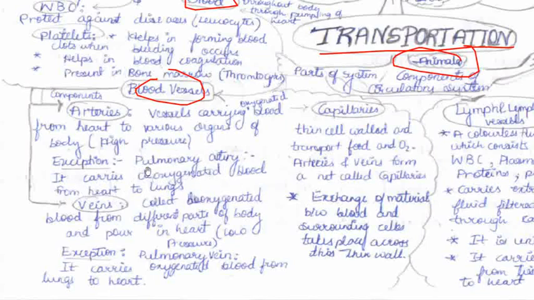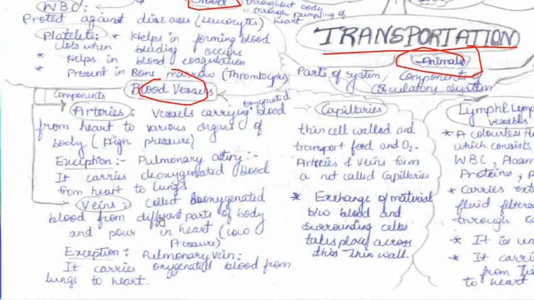So be aware of this. There may be a question on what the exception in arteries is, that is the pulmonary artery. Since the blood passes through arteries with high pressure, there should be strong walls. So we can say that arteries are thick walled.